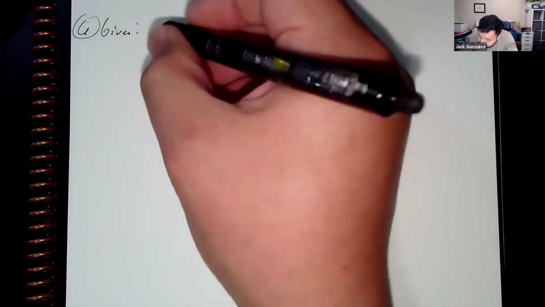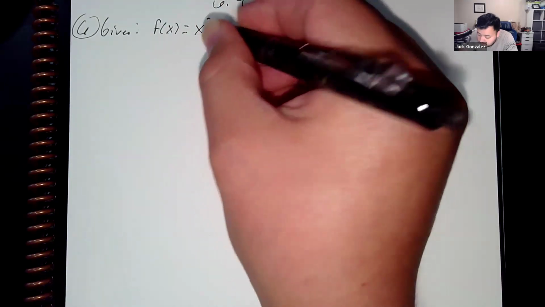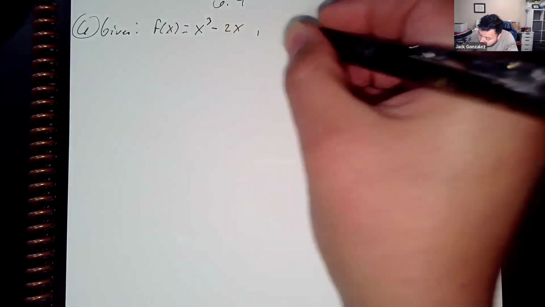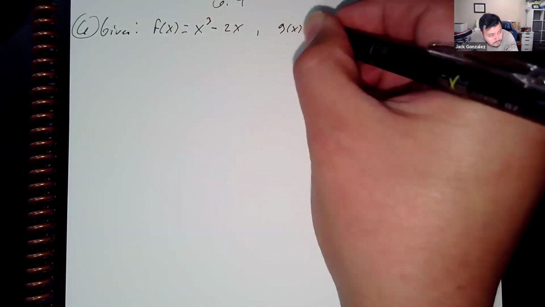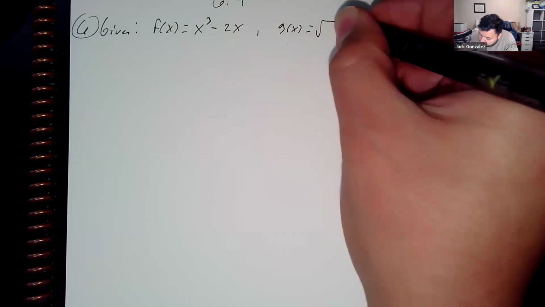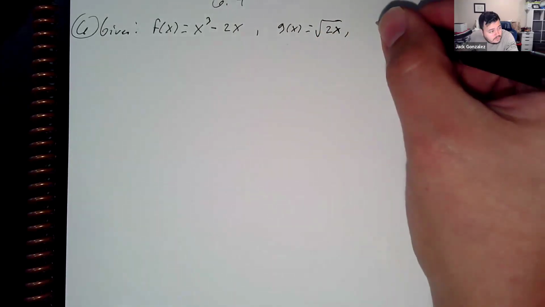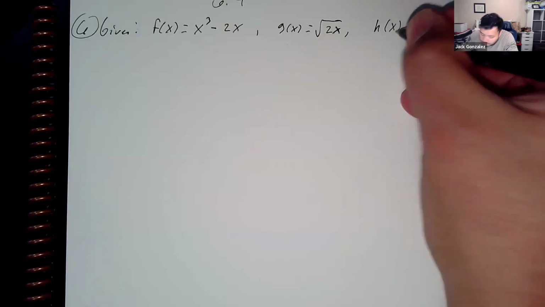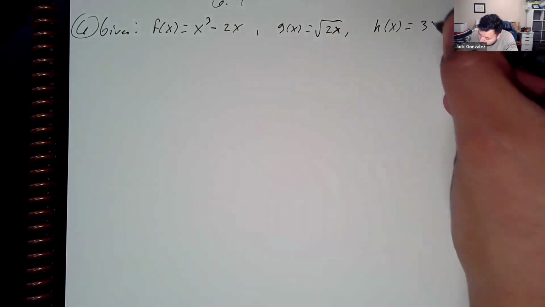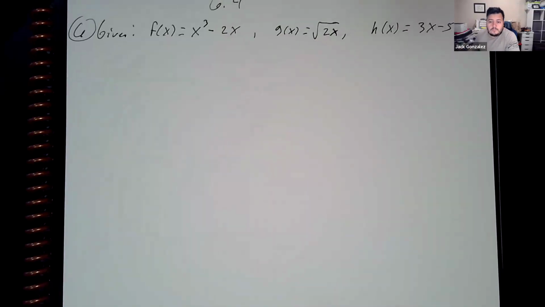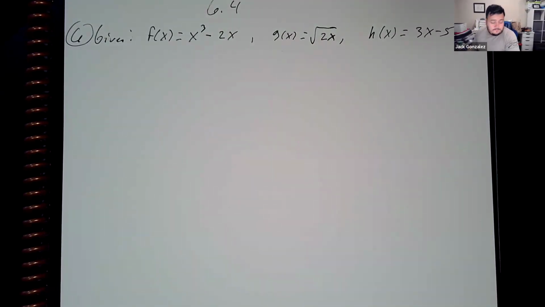Okay. Given f equal to x cubed minus 2x, g equal to this, and h equal to that.